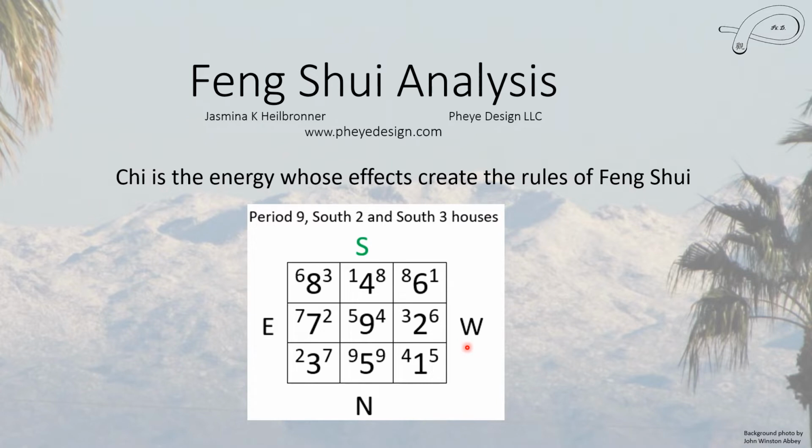And what are the stars? Well, the stars are the numbers. The number on the upper right is called the facing star. On the upper left, it's called the sitting star, and the big number is called the base star. It's the 2 small stars that are actually the more important stars.